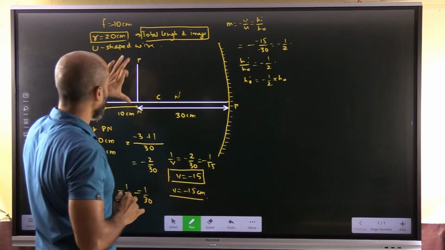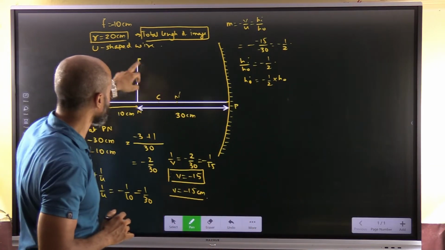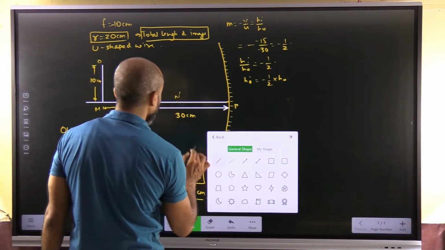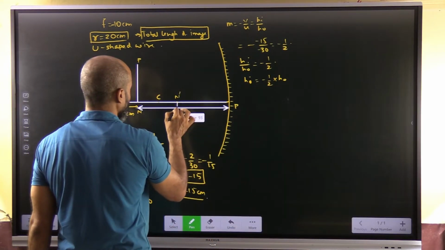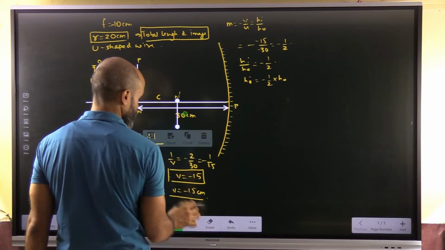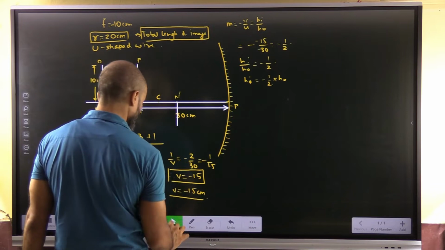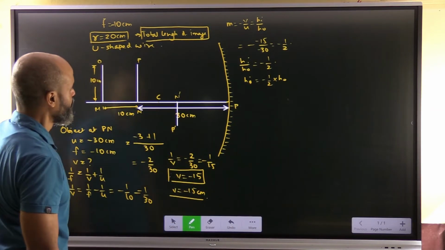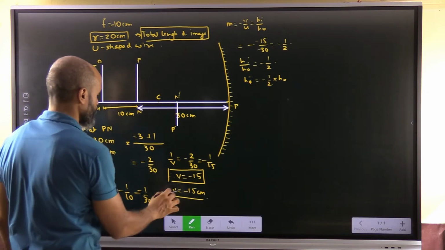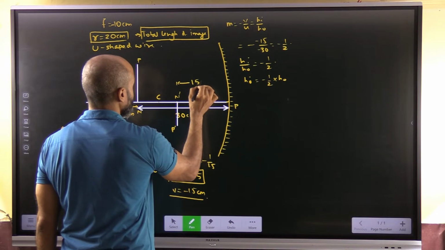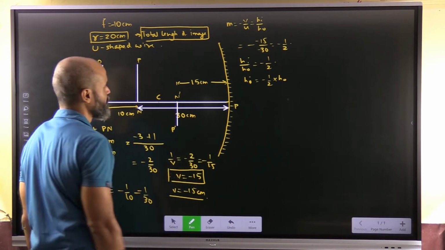So it will be half of its length, and obviously it will be inverted. So we will have the image drawn here of P dash, that will be half of its length. So this will be the image P dash N dash. Now what is this distance? This distance is 15 centimeter.